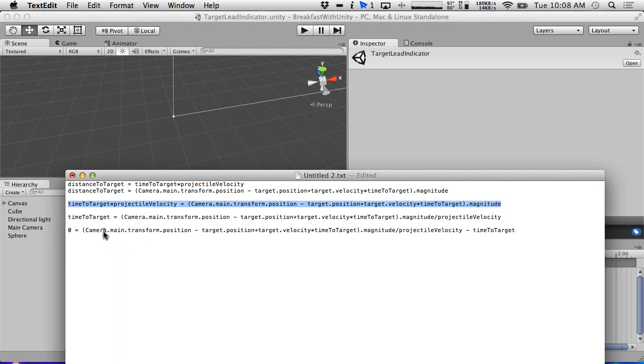Then we subtract time to target from both sides so that we get 0 equals our equation here. And this equation, supposedly, unless I'm doing something wrong already, which is entirely possible, translates into the quadratic form, which is ax squared plus bx minus c.